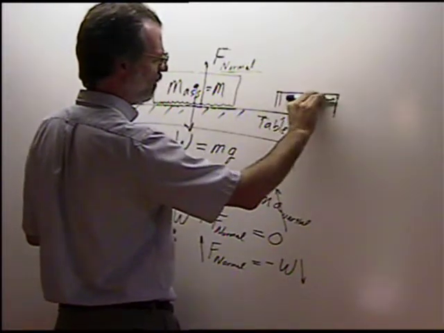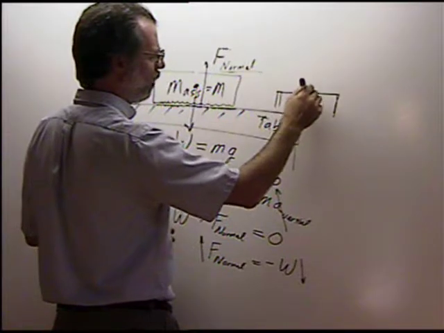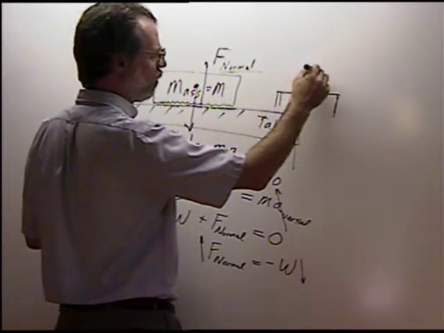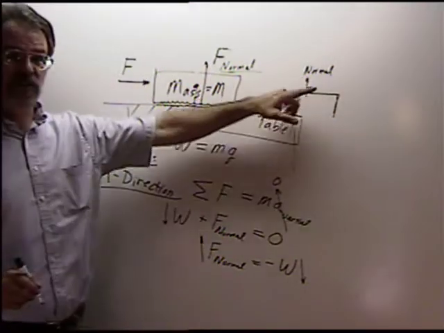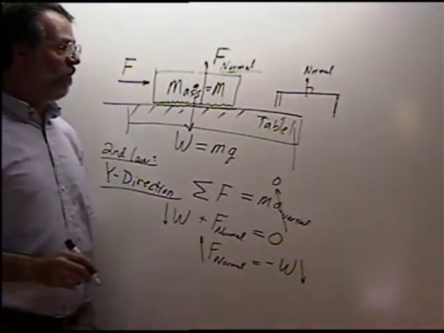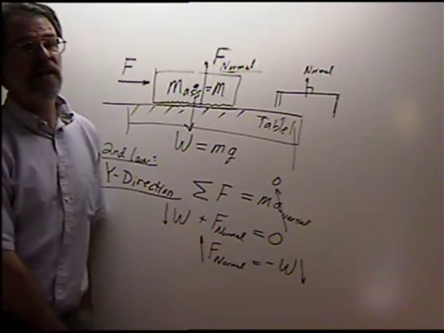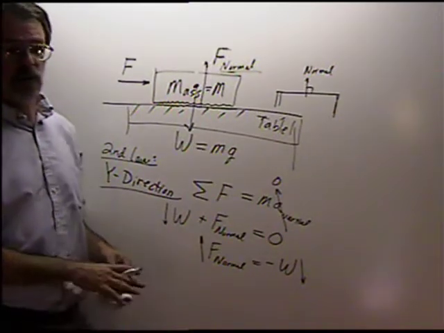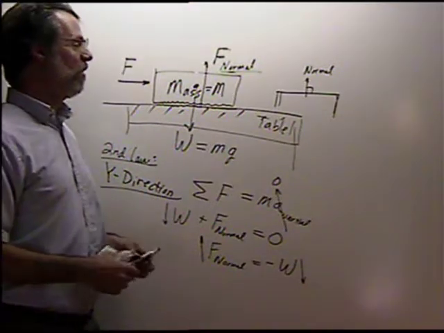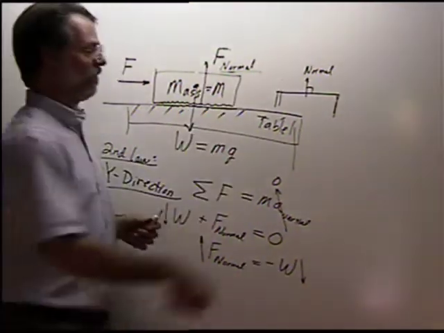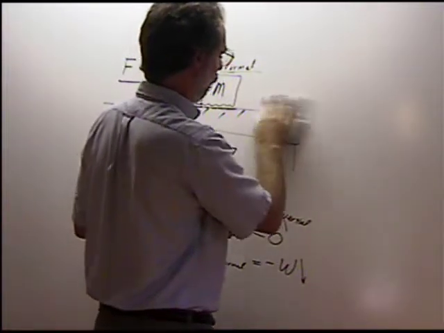Whatever the surface is, the normal is always perpendicular, at a right angle to that surface. In fact, we could call it the perpendicular force, but it's been called the normal force for a long time. So that's what we call it.